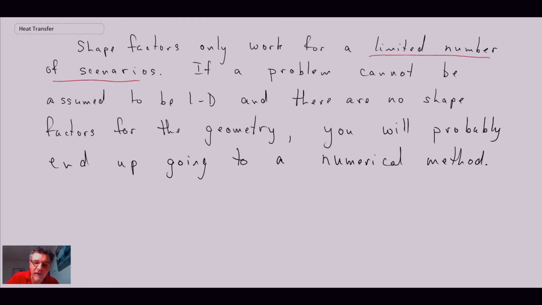You need to have a shape factor for it. So if we have a problem and we cannot assume it to be 1D and there are no shape factors, then you end up going to numerical methods.